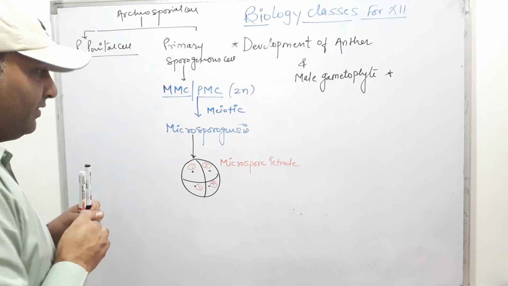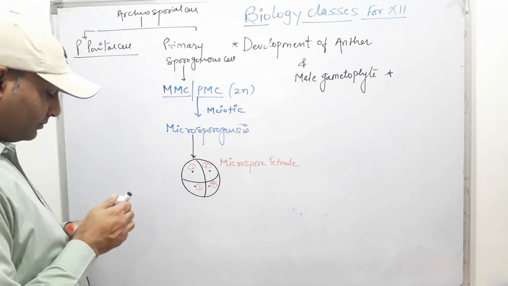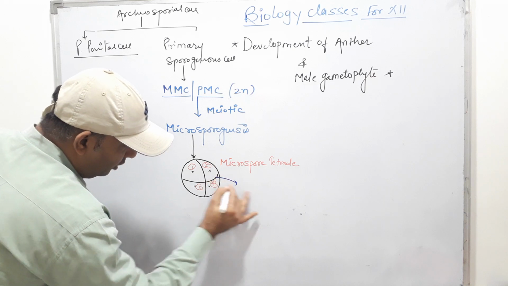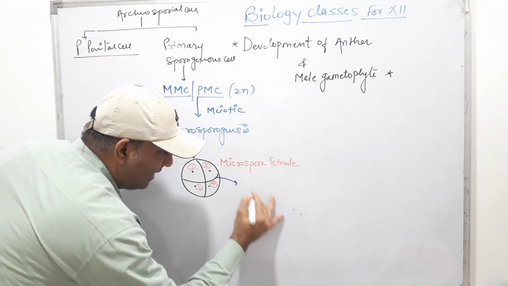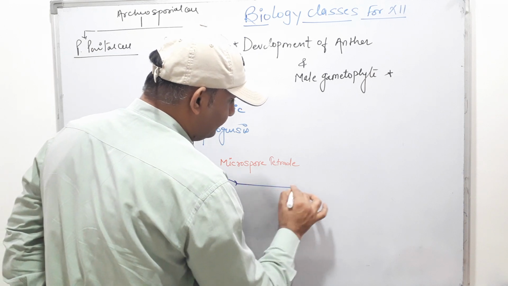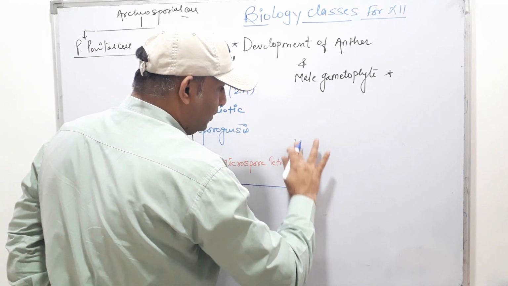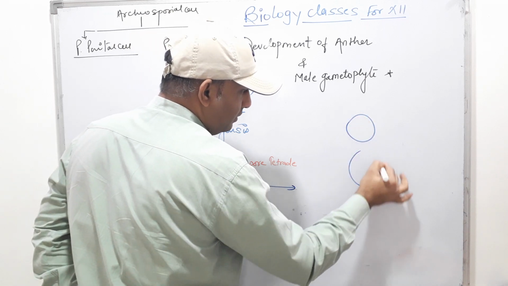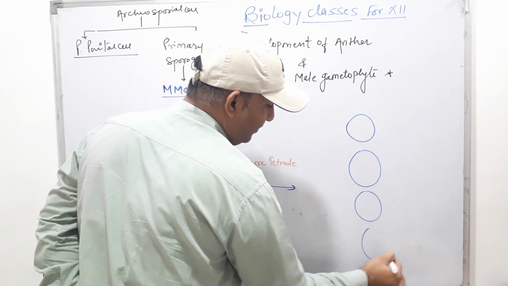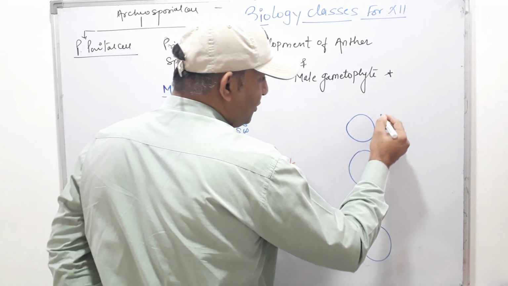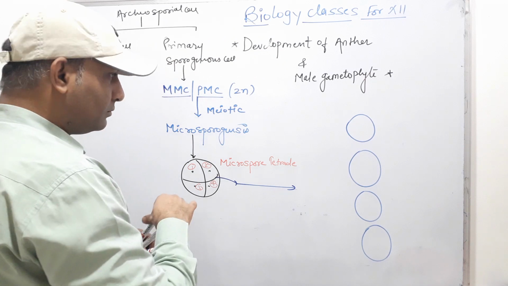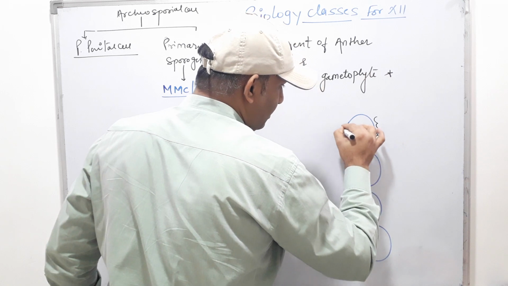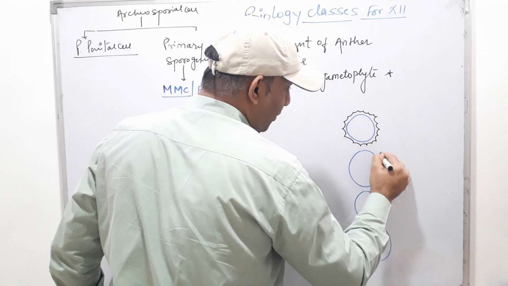Now, after the development of the microspore tetrad, it dissociates, that means the wall dissolves, and it splits into 4 cells. It splits into 4 different microspores, which further develop into the structure called pollen grain.